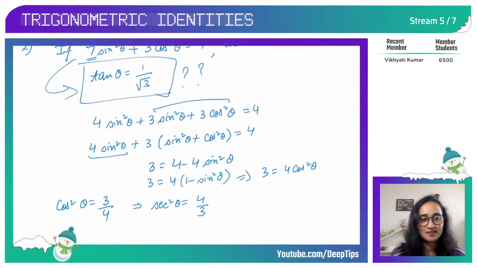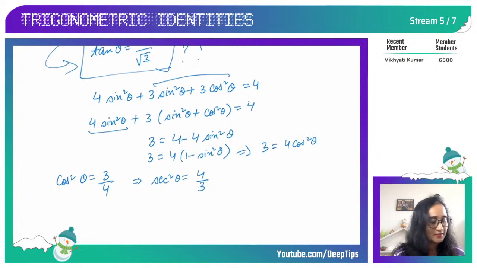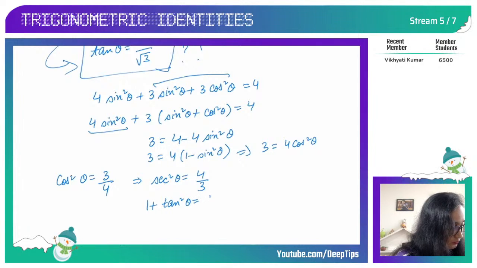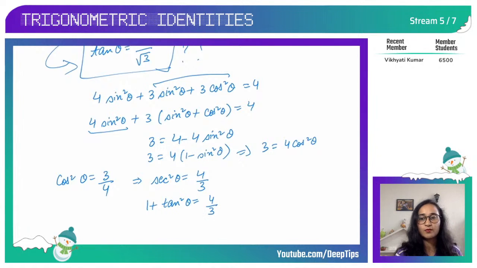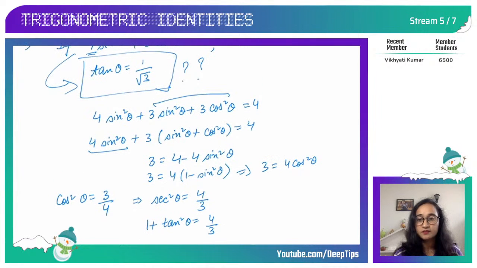Does that make sense? Now you know why I was doing all this. Now that I have secant square theta, I can replace it with 1 plus tan square theta, which equals 4 by 3. The question says find the value of tan theta, so I can simplify further.